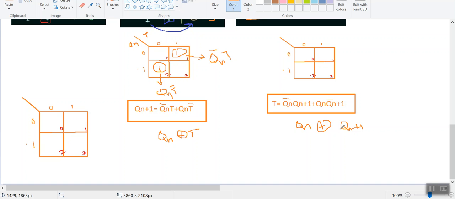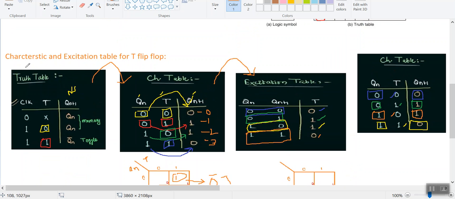These are my characteristic and excitation equations. Okay, with this we will conclude the characteristic and excitation table. In the next video we'll discuss conversion of one flip-flop to another flip-flop, and you need to keep in mind that characteristic and excitation tables are used for designing counters and registers in the fifth unit. Okay, thank you.